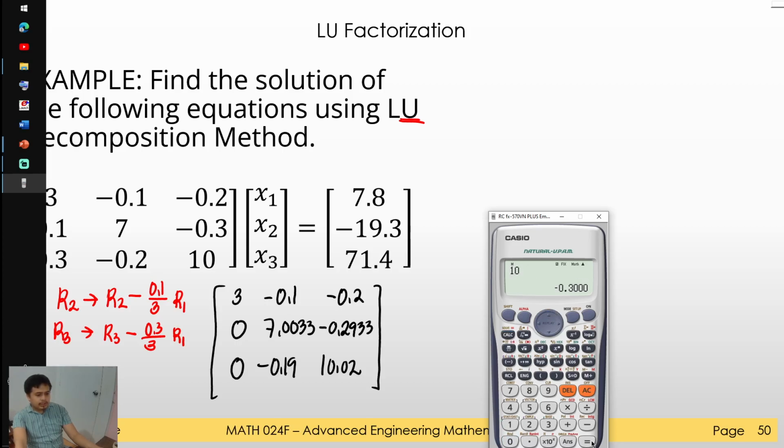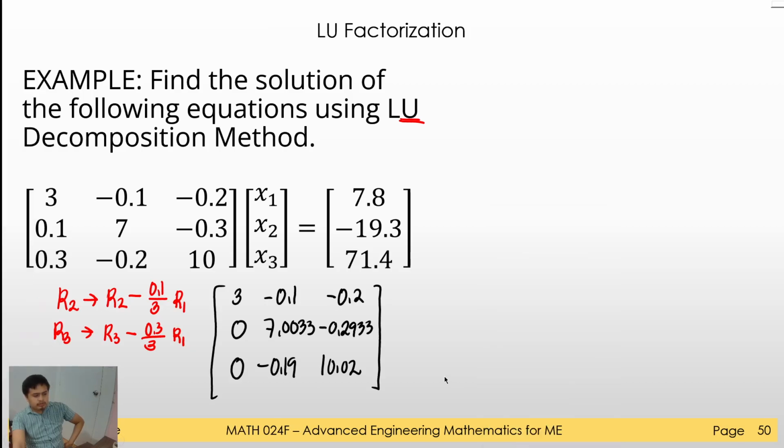So 10 and negative 0.2. Is it negative? I'm confused. 0.02. So 10 and negative 0.2. Okay, we have to change this again.